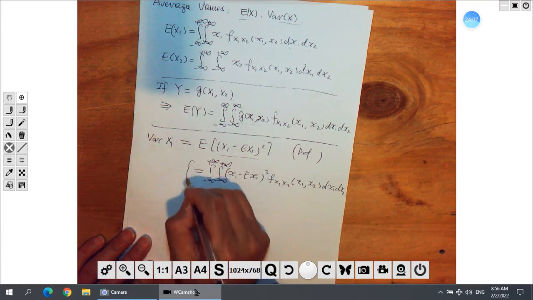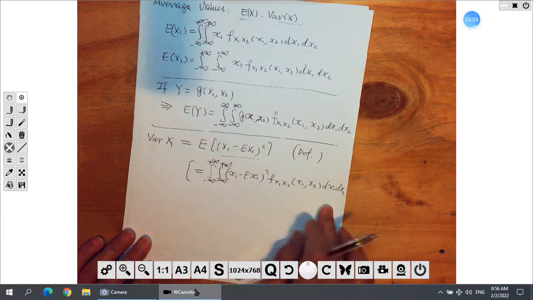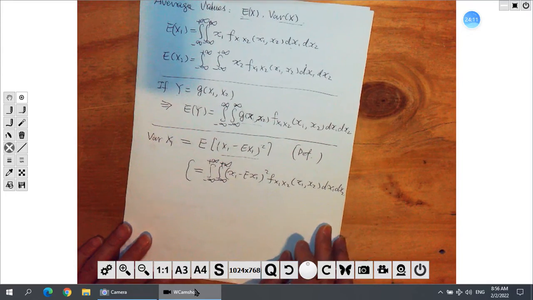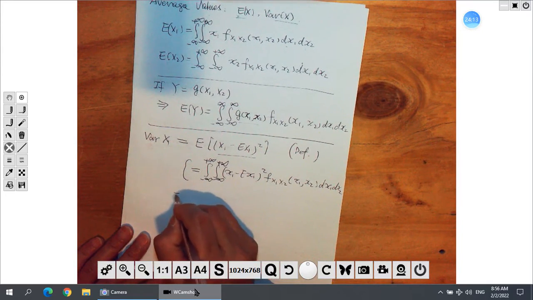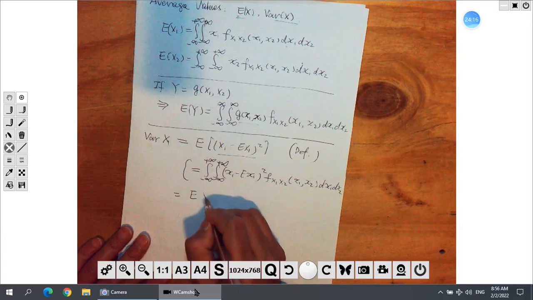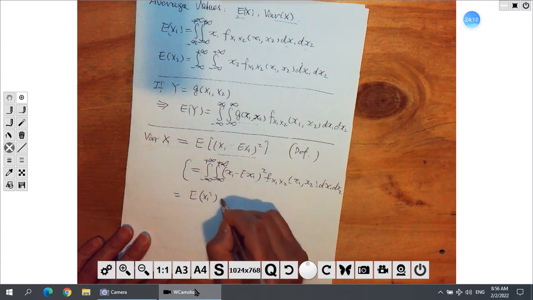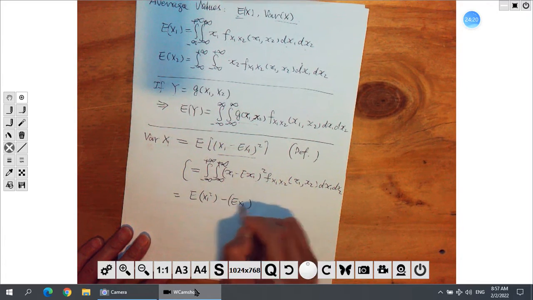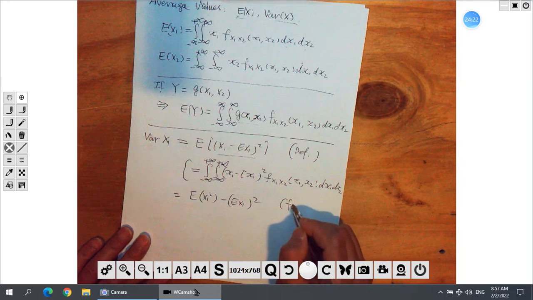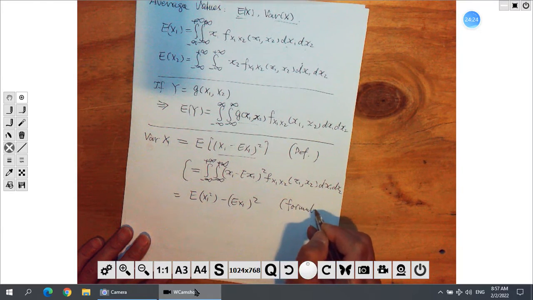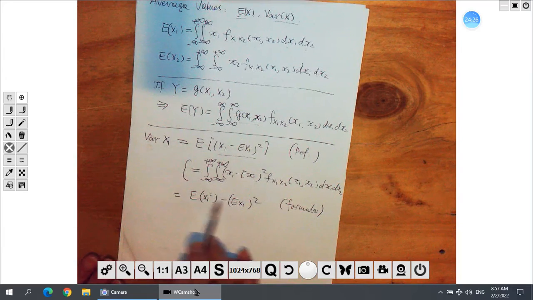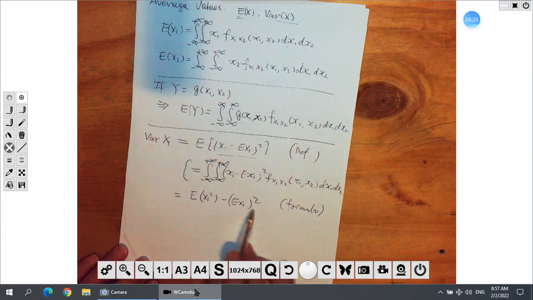But usually this is a long calculation. So people like to do it this way. This is equal to E of x1 square minus E of x1 squared. This is the formula. Usually this gives us more convenience to calculate, in shorter time. All right.